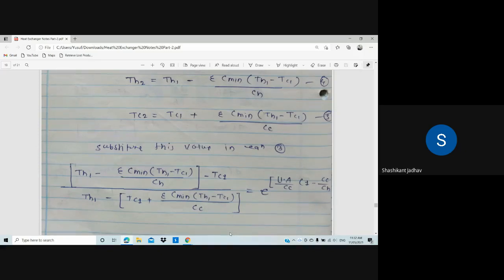Okay, so all of you write down, substitute this value in equation number 3, and by putting the value of Th2 and Tc2 in equation number 3 we get the equation as a, so write down that equation.